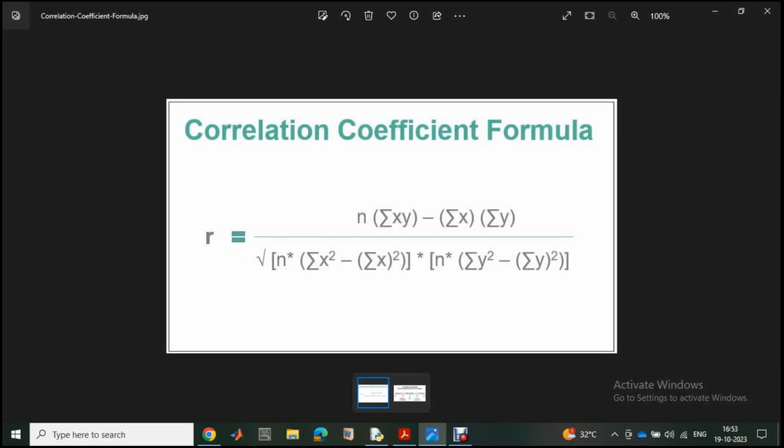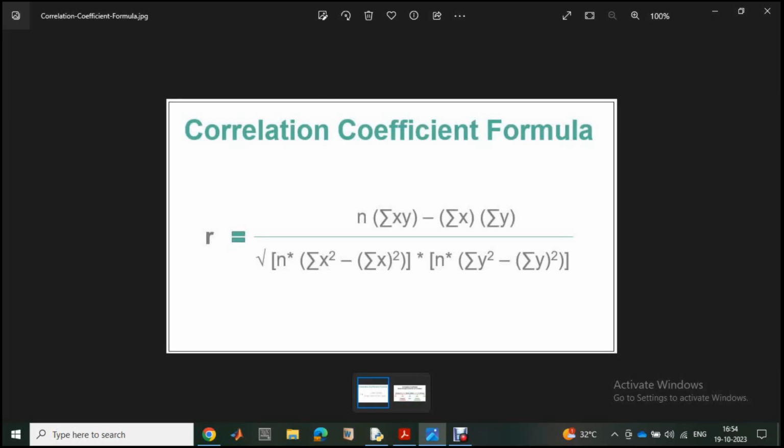Statistically and mathematically, it is defined like this. The correlation coefficient is denoted by R, where n is the number of samples. The numerator is n times sigma of the product of x and y, the sum of all the products, minus sigma x, the sum of all the x values, times sigma y, the sum of all the y values.